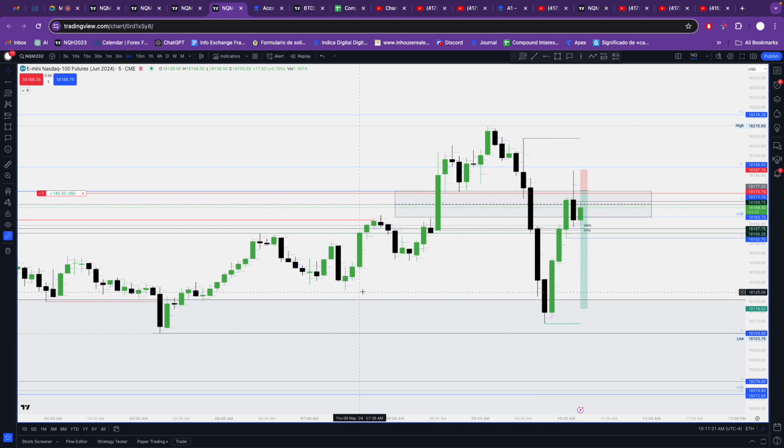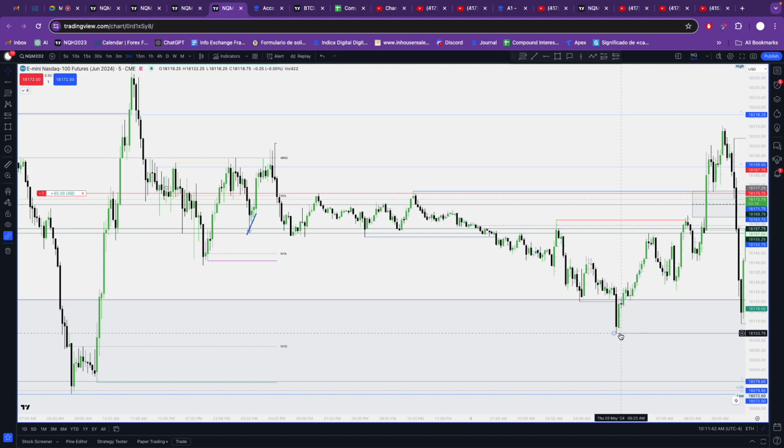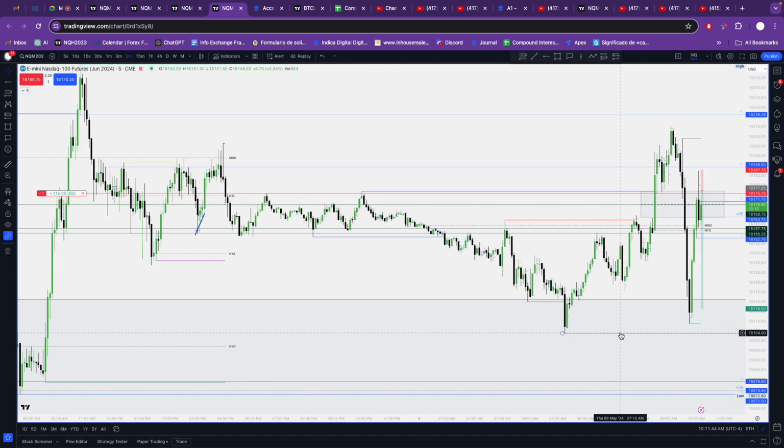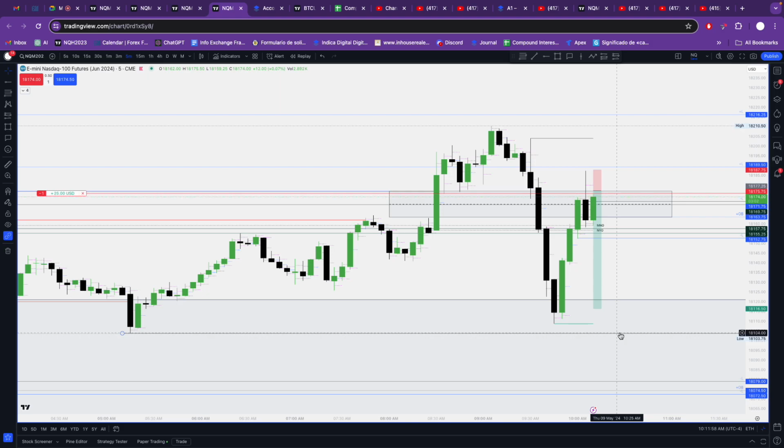Right here. Still bullish. This low down here, because technically we're still stuck within this range here.